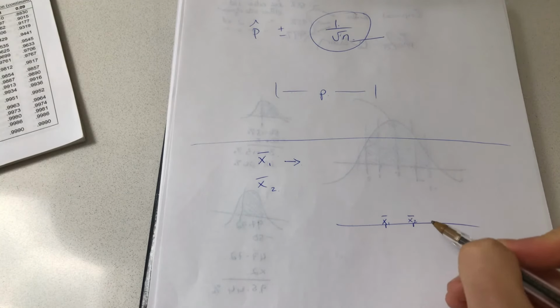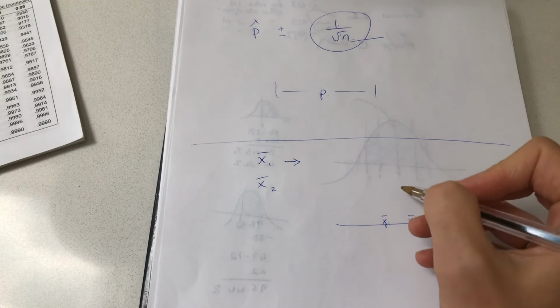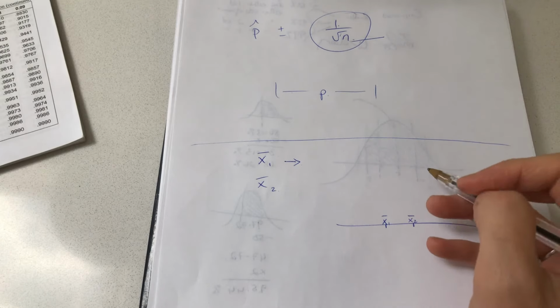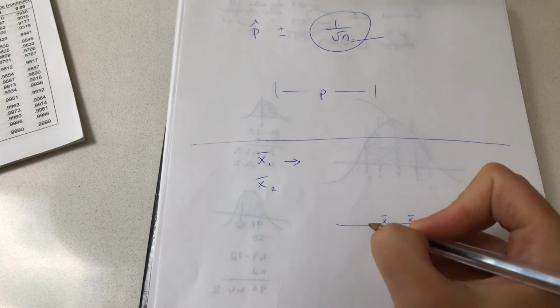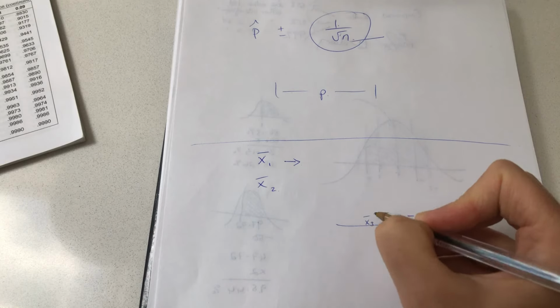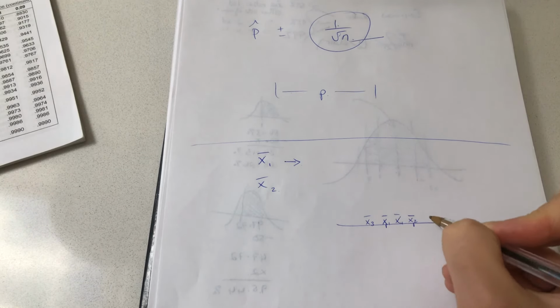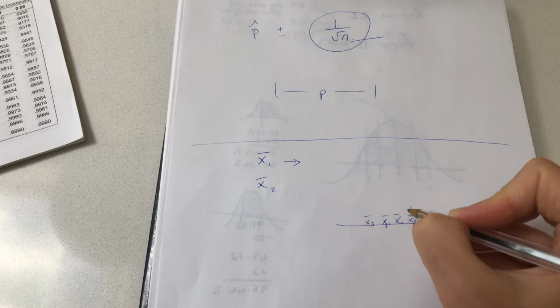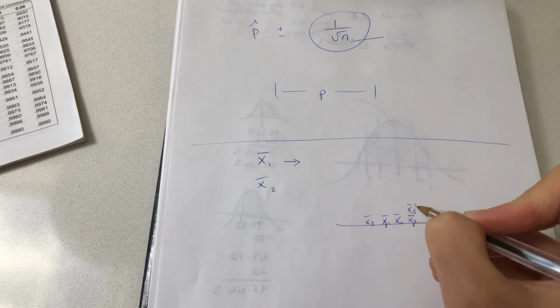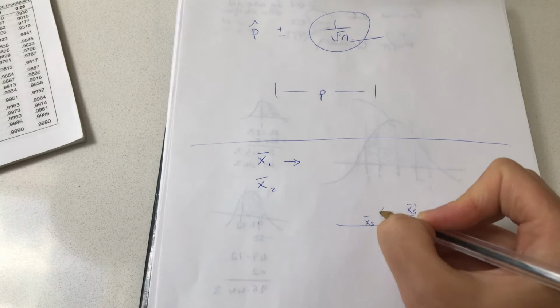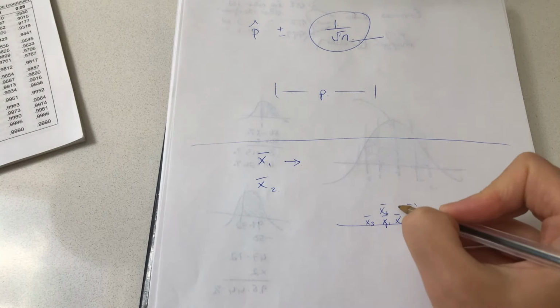On a histogram, let's say, or a bar chart or whatever it is that you're plotting it on. And then maybe the mean of sample 3 might be there, and the mean of sample 4 might be there, and the mean of sample 5 might be there, and 6 might be there, and 7.